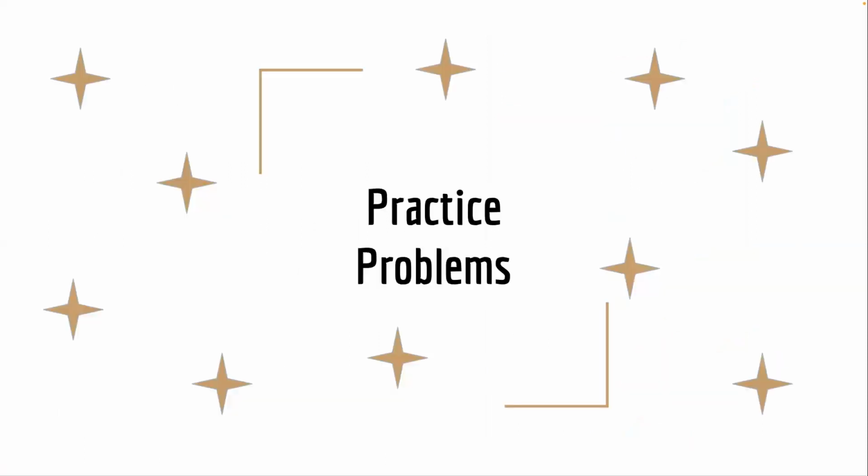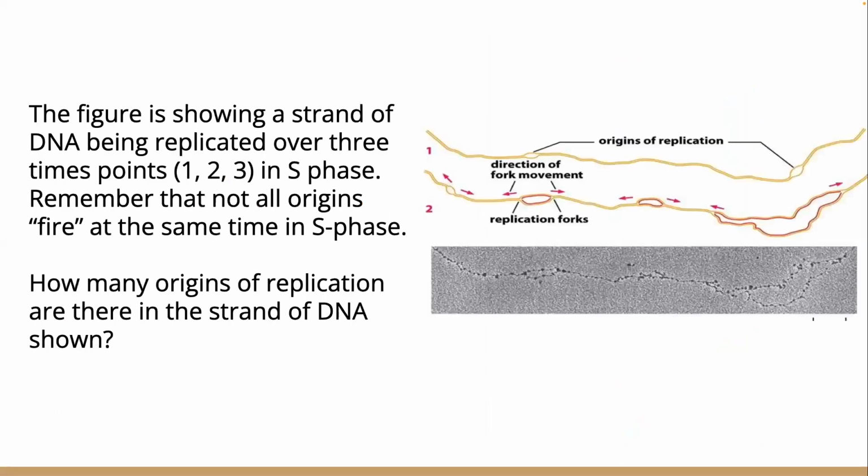And then if there's no questions, we just have, I think it's 3 practice problems. So this figure is showing a strand of DNA being replicated over 3 time points in S phase. How many origins of replication are there in the strand of DNA shown?